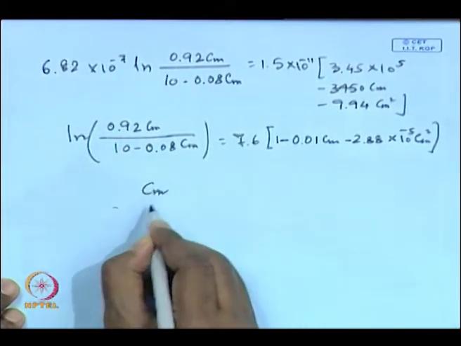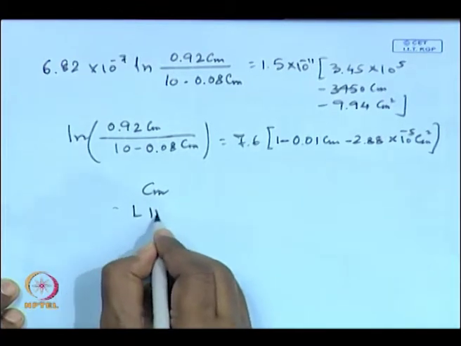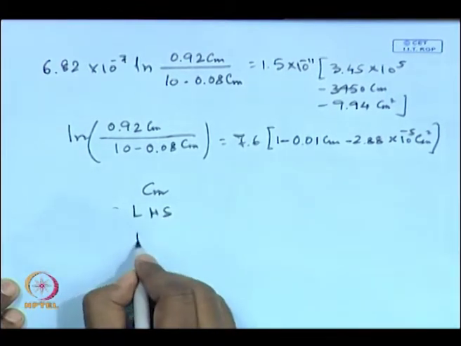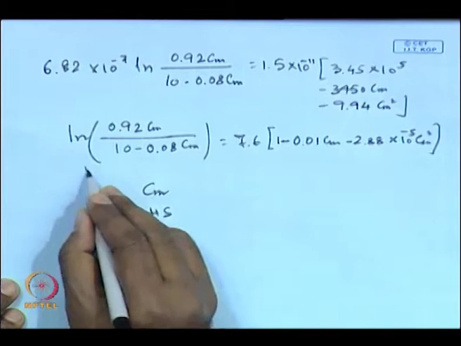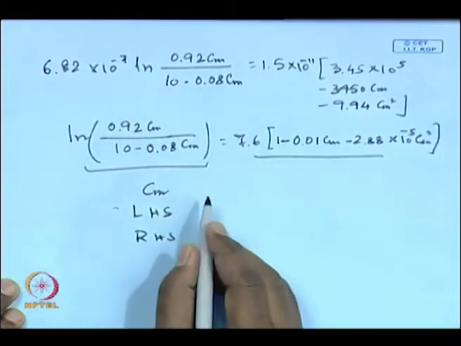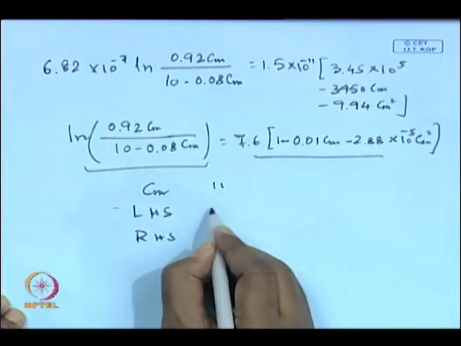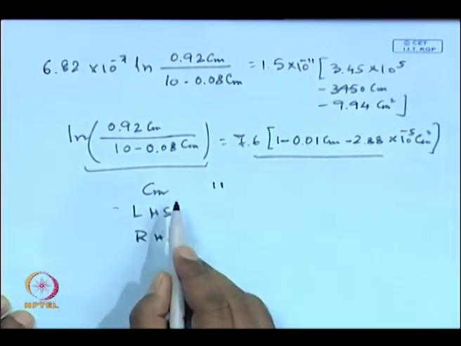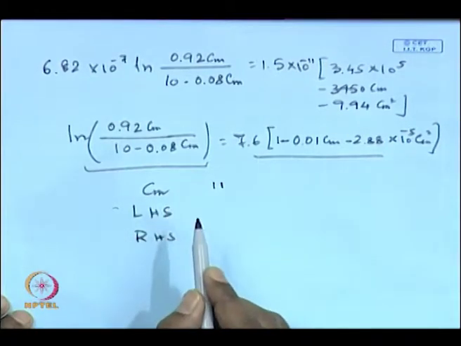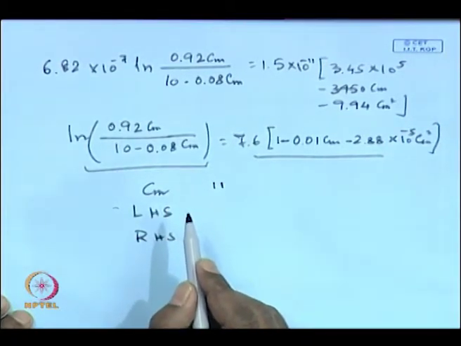So, I just give a table: Cm, left hand side, right hand side. If you guess a value of Cm of 11 kg per meter cube, and the idea is Cm should always be greater than C naught, so your guess value should never be below the value of C naught.